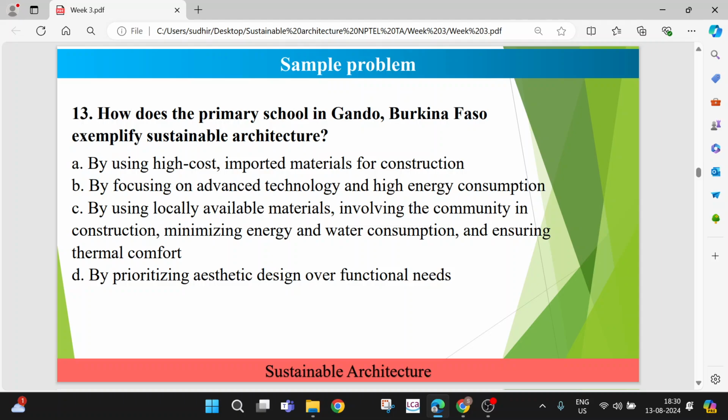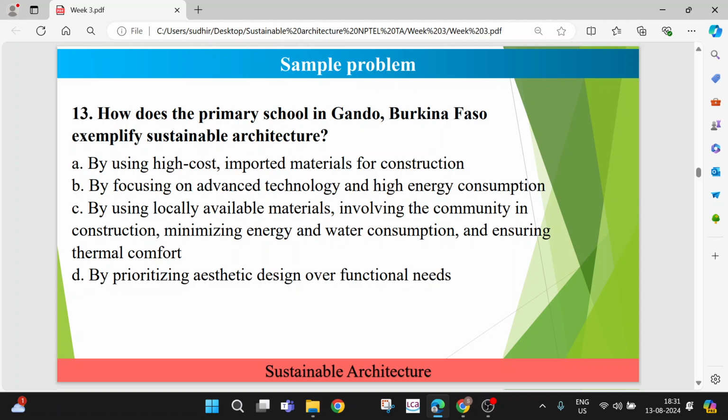Details about this building are well explained. The primary school in Gando exemplifies sustainable architecture through, first, use of local or low energy materials such as compressed earth blocks. Also, community involvement in the construction process enhances social cohesion and ownership.